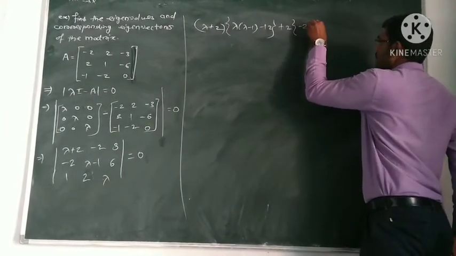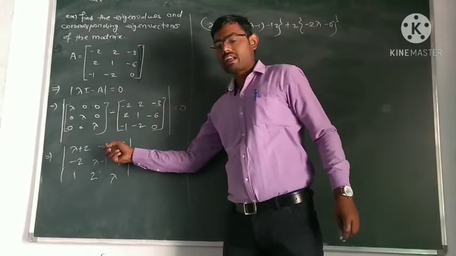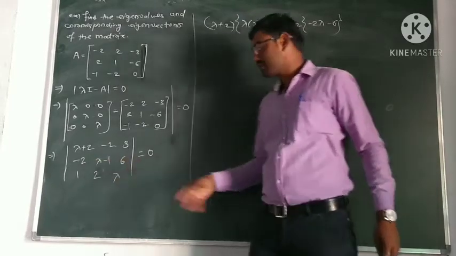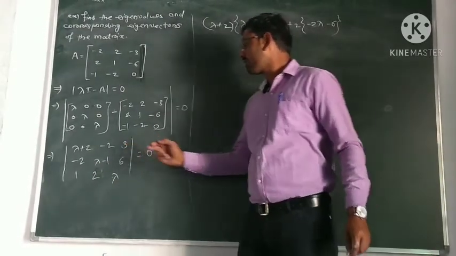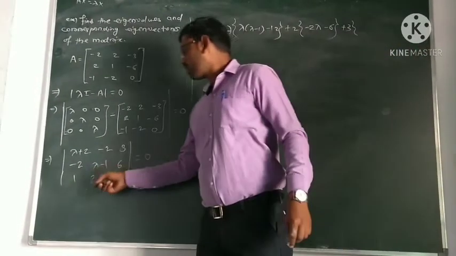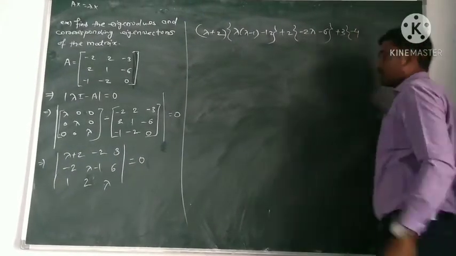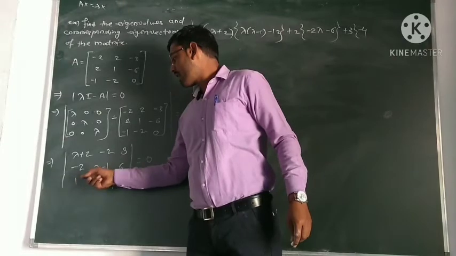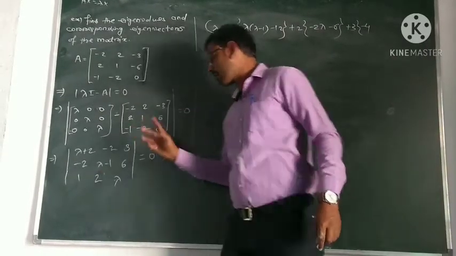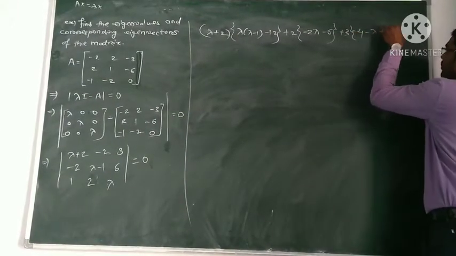Understand? Minus of minus 2 into lambda, minus 2 into minus 6 into 1, that is minus 6. Plus 3 into 2 into minus 2, minus 4. So minus 4 minus 1 into lambda minus 1, that is minus of lambda minus 1, that is minus lambda plus 1. So minus 4 as it is, minus lambda plus 1.